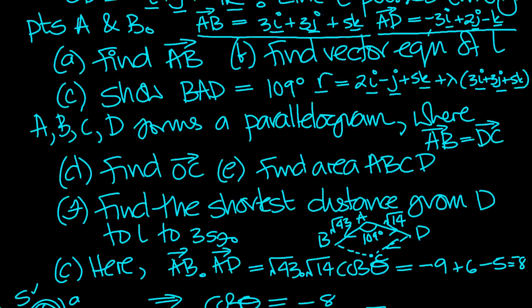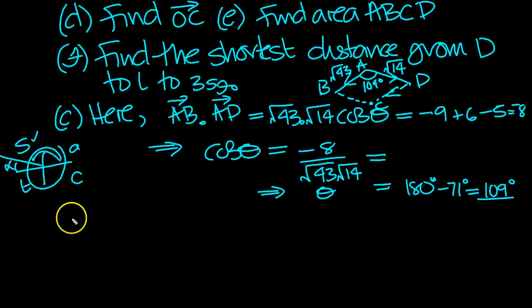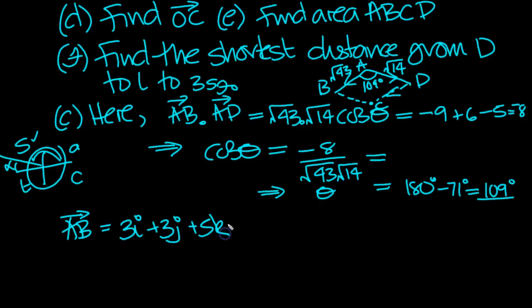So what is AB? 335. AB is equal to 3i plus 3j plus 5k. Okay, now that's equal to DC.